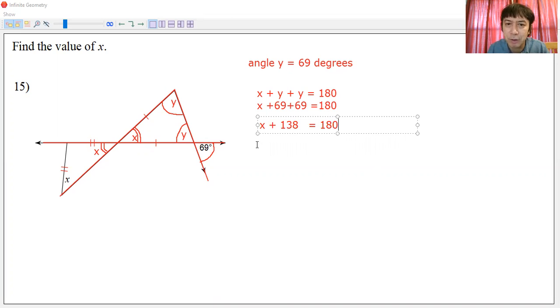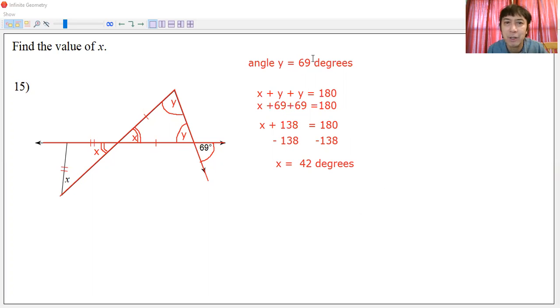Subtracting 138 from both sides, we are going to have the x value. x is equal to 180 minus 138, so that should be 42.